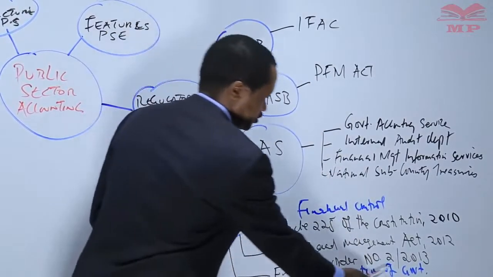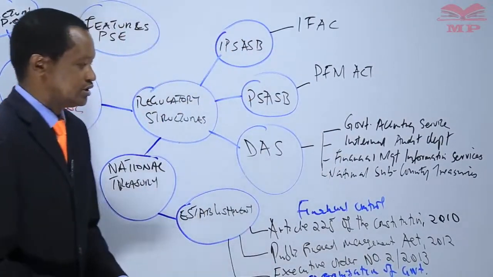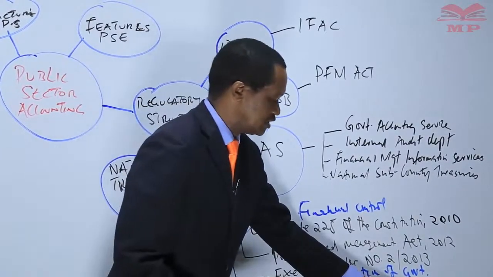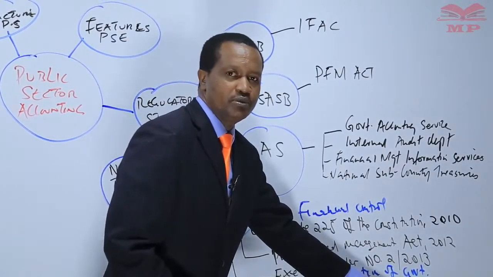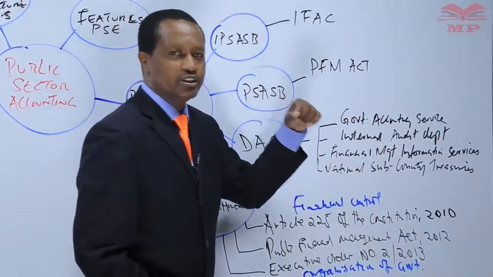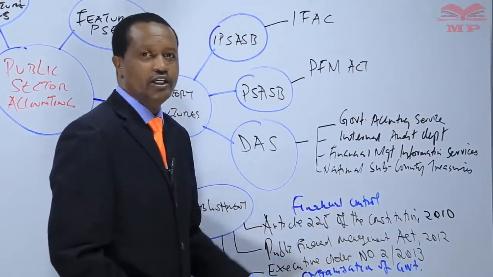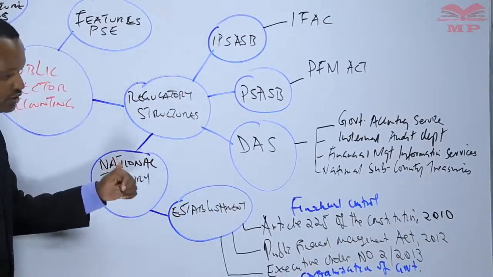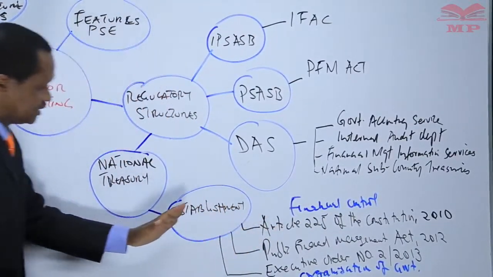The executive order, the second one in 2013, was about organization of government, and it superseded the presidential circular of the year 2008. That's the history, okay, and establishment.